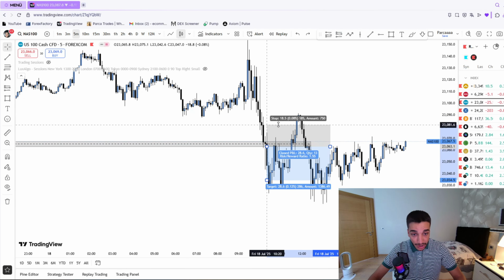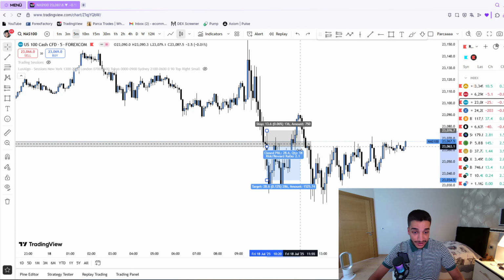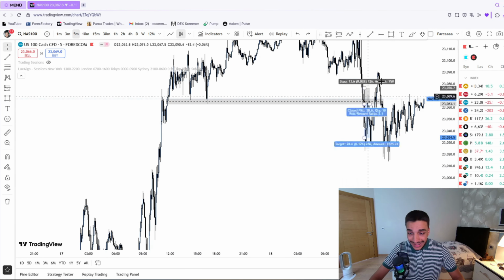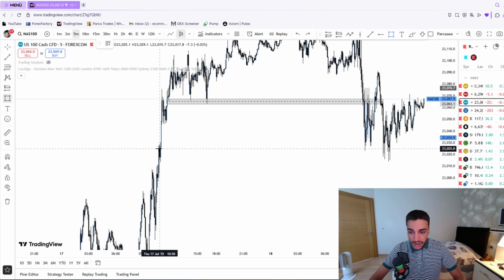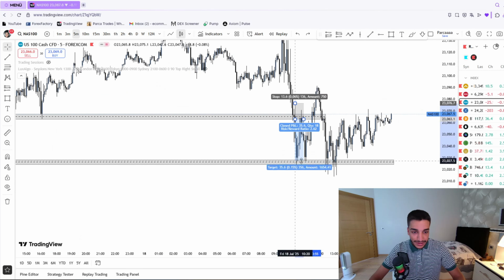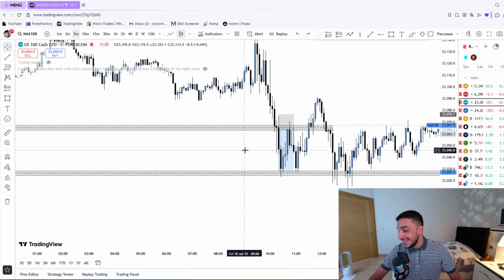We put our stop loss at that liquidity, and our take profit is going to be our last structure area to here. And then we have a 2.5 RR easy solid trade right here.